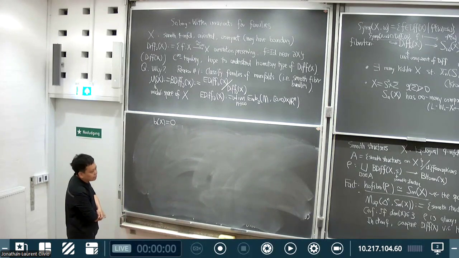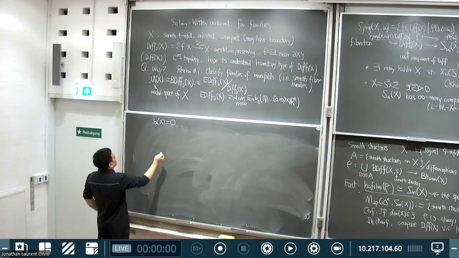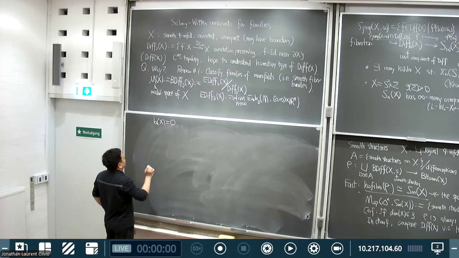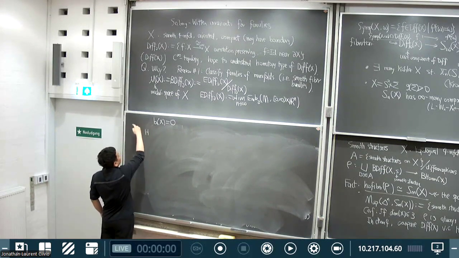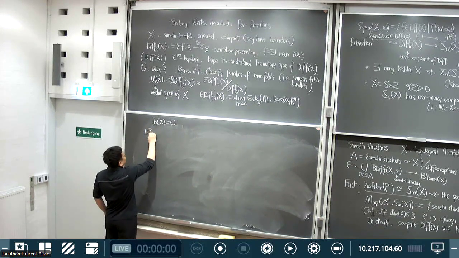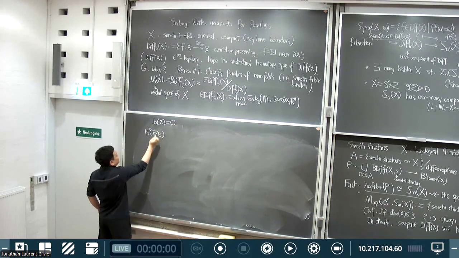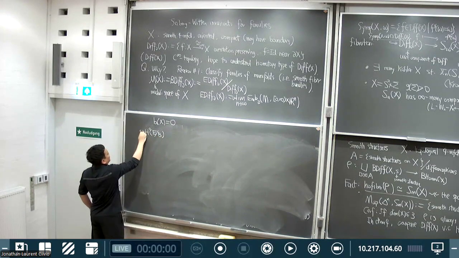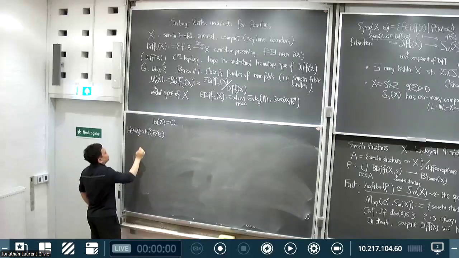Now, given a smooth fiber bundle E over B, we can consider the associated bundle H2(E/B), whose fibers are just H2 of the fiber.